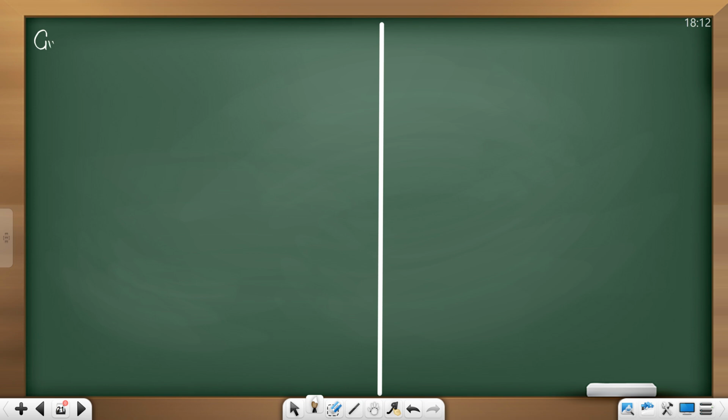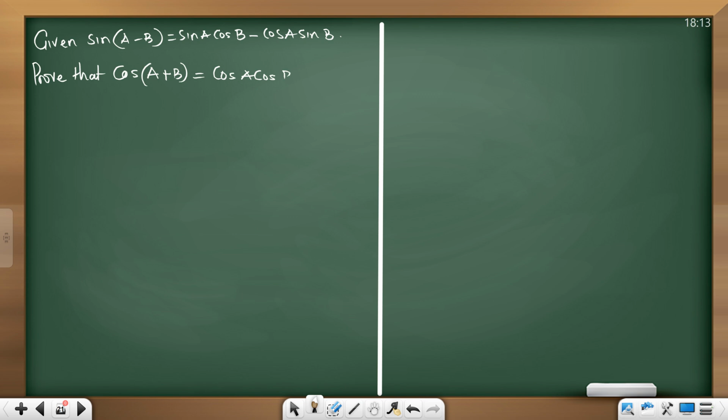Okay. Given sine(A minus B) equals sine A cos B minus cos A sine B, prove that, which one should I do? Let me prove cos(A plus B) equals cos A cos B minus sine A sine B. Please check. I want you to listen carefully before you do it.